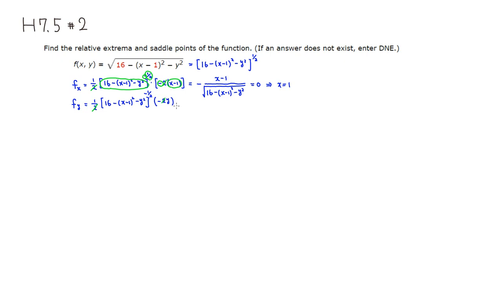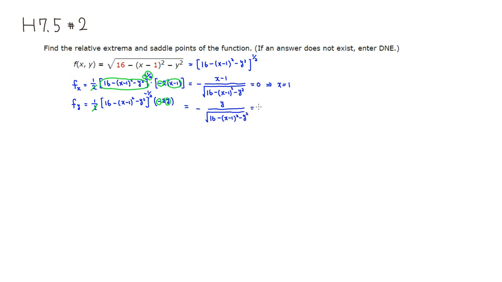Then we can rewrite this as, it's still negative, y on top, so I took care of the negative sign and the y. Everything else is the same as before, so I'll write the square root of 16 minus quantity x minus 1 squared minus y squared.